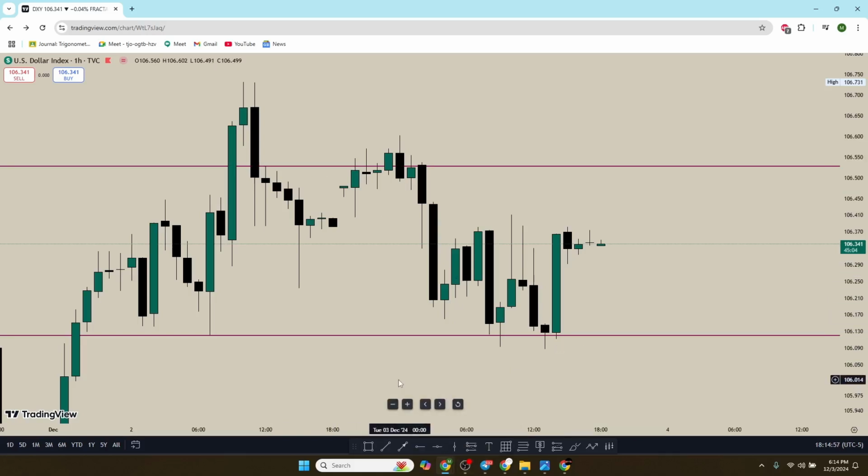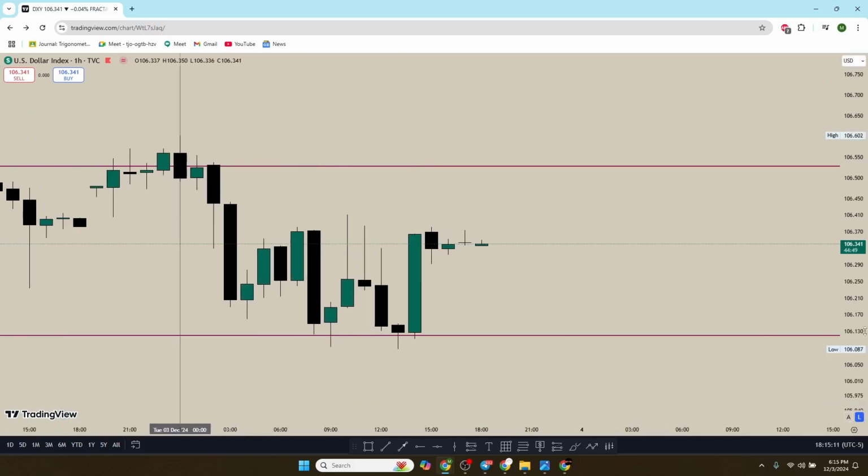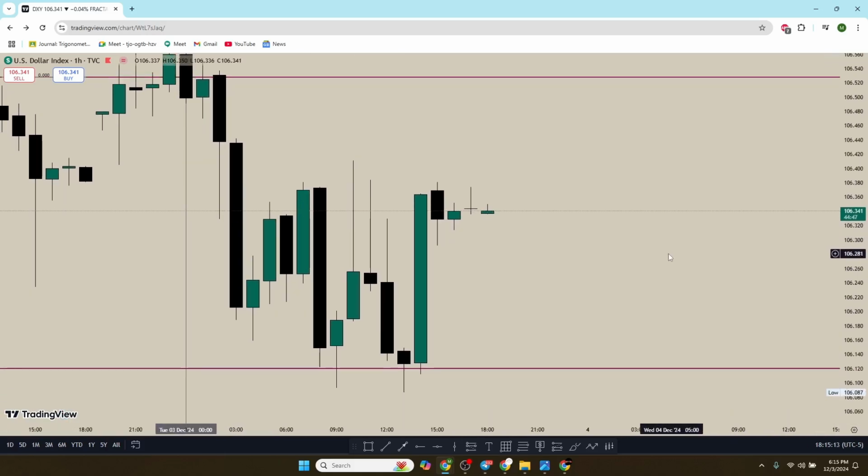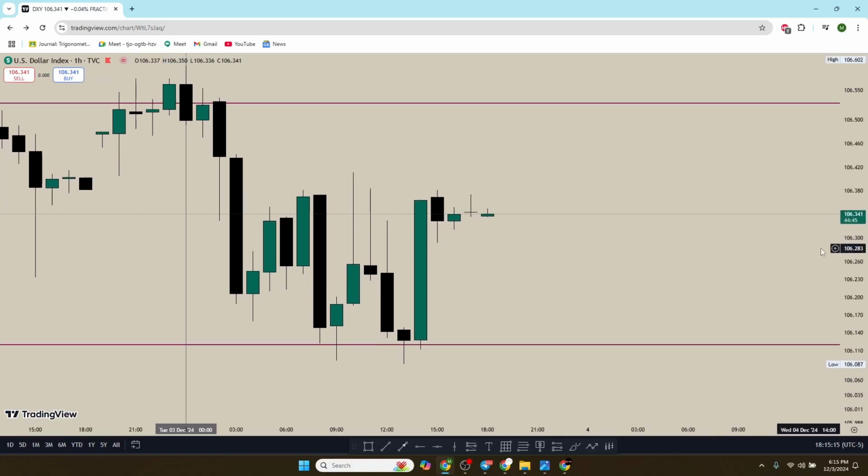But just zooming in onto today being the 3rd, notice how we started at that PD array, we traded down. Intraday, we don't need most of those levels. All we need to know is what is the daily bias.